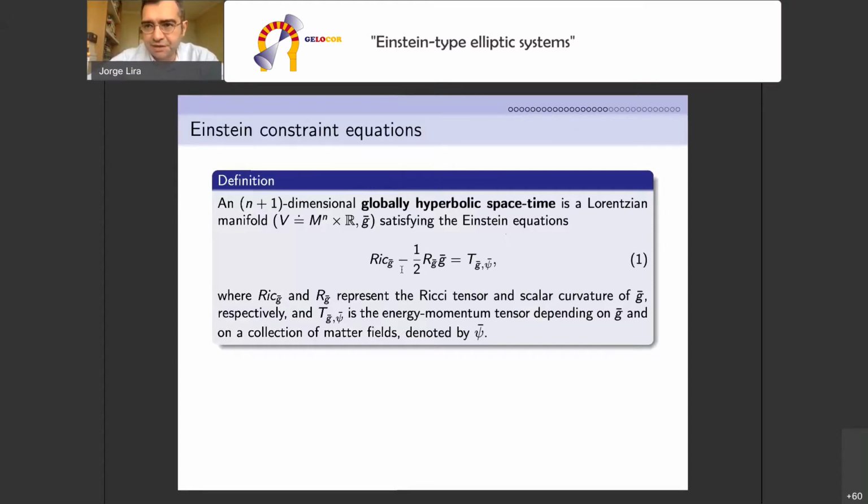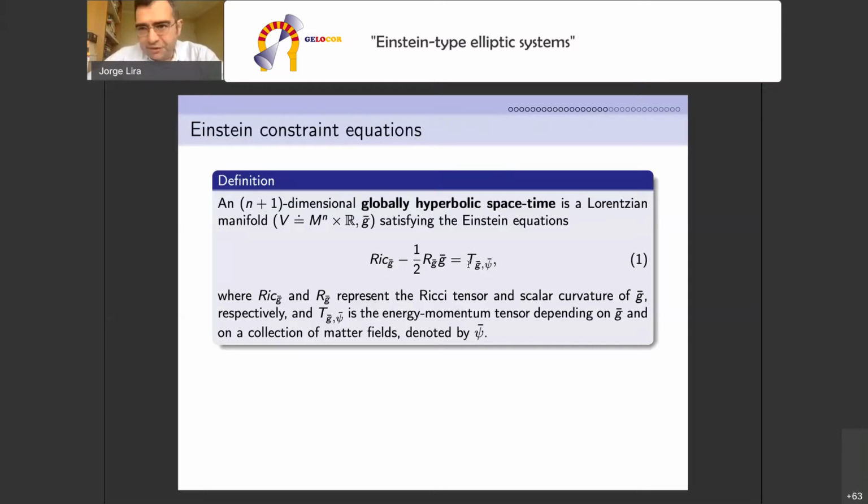So we have here the Einstein equations, with the Einstein tensor on the left-hand side and, on the right-hand side, this general energy-momentum tensor T. Our purpose here is to consider especially the case when T is linked to Maxwell equations, to electromagnetic forms.